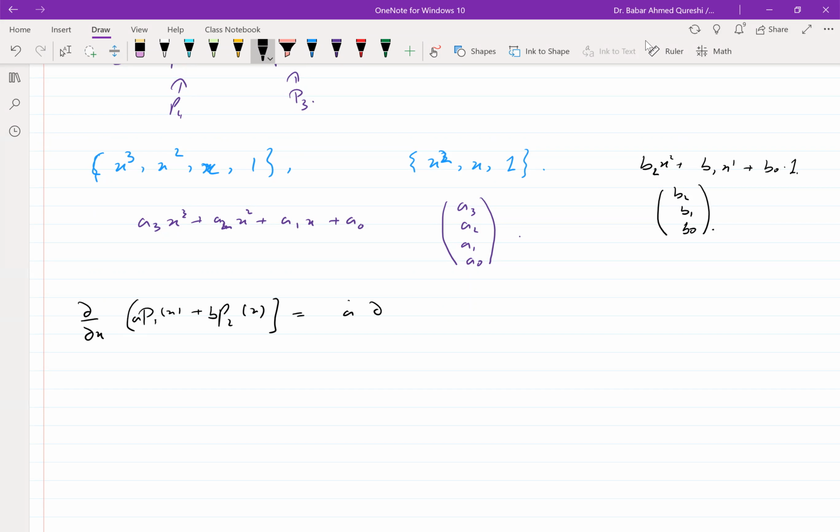The rules of derivative are linear. The derivative splits like that. So differentiation is a linear operator, a linear transformation.